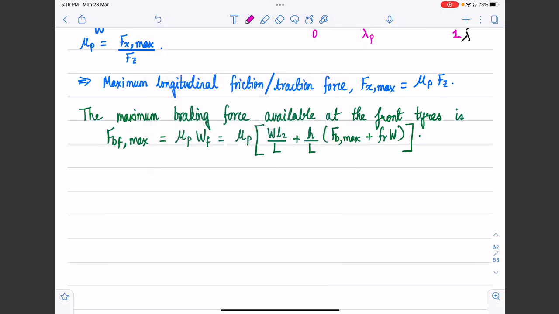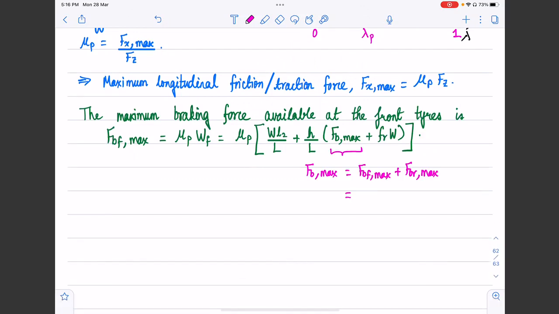Now, this FB max, what is this FB max? Obviously this FB max is going to be equal to FBF max plus FBR max. So what are FBF max and FBR max? They are going to be the maximum braking force at the front and the rear wheels. So one can write it as mu p times WF, because FBF max is mu p times WF, and FBR max is going to be mu p times WR.